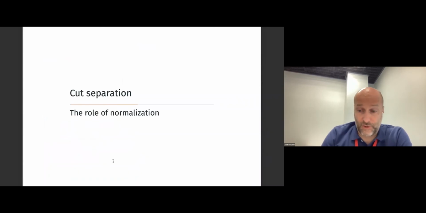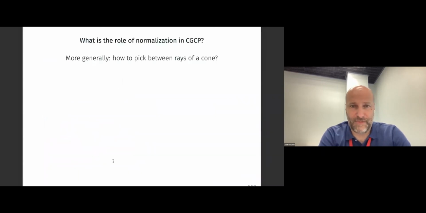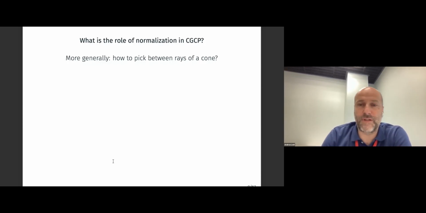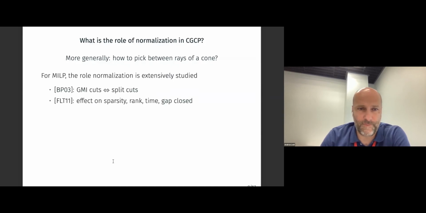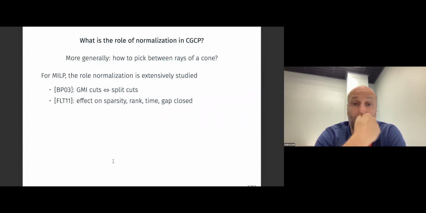The normalization is indeed fundamental here. The idea is how should I cut the cone, so that the problem is not unbounded and I'm actually able to define a pick among the rays of this particular cone. For the mixed integer linear context, that's exactly the same situation, and there have been extensive studies on this, both on the theory and on the practical side.